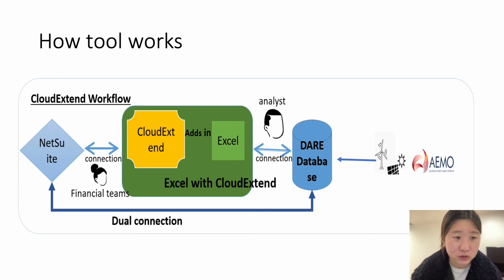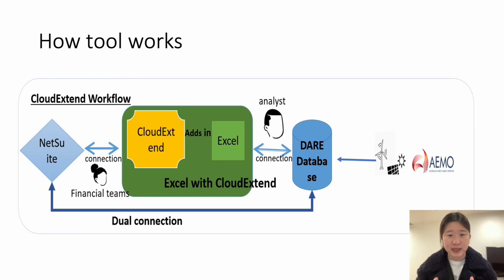The direct connection is built by installing Cloud Extend on Excel, building a connection to NetSuite first, and then connecting our local database with Excel. Then our connection is built. The analyze data one can skip this big green chunk and directly build this connection.